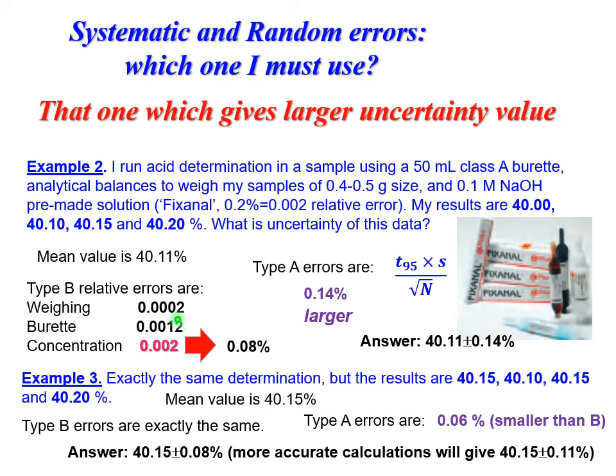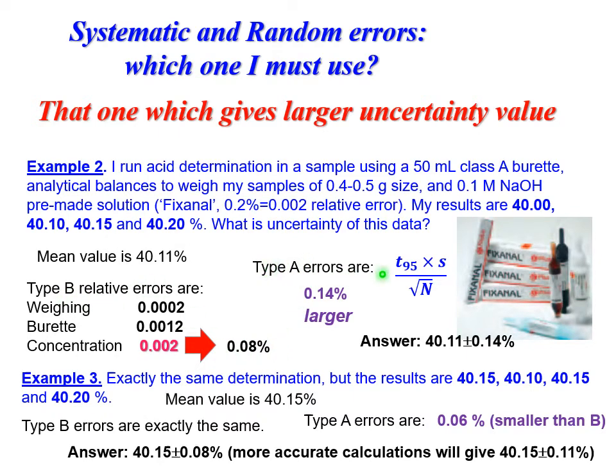I am assuming that I am properly titrating using volumes between 30 and 50 mL with 40 average. And then the largest relative error is coming from my Fixanal. So this number will dominate the picture and will give me uncertainty of 0.08%. That's my estimate for my type B error.